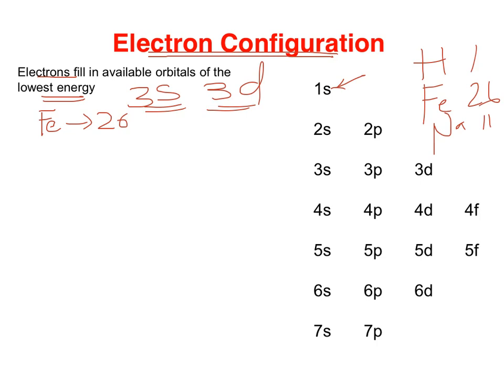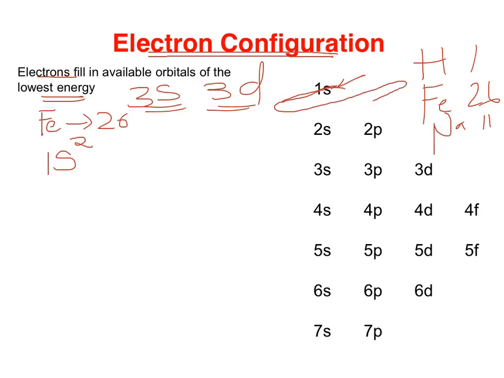The electrons enter 1s first, and 1s can accommodate a maximum of 2 electrons, so we write it as 1s2. Out of the 26, we used up 2 electrons, so there are 24 left over.